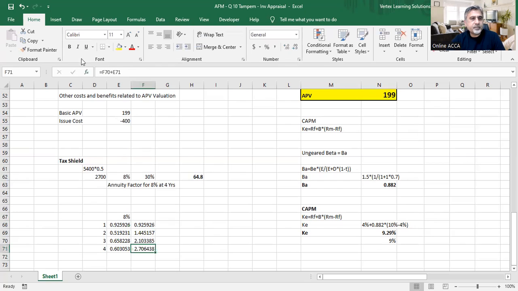I'll multiply this thing, 2.7064. Please, I just did it quickly myself. You should be taking it from your table, okay?